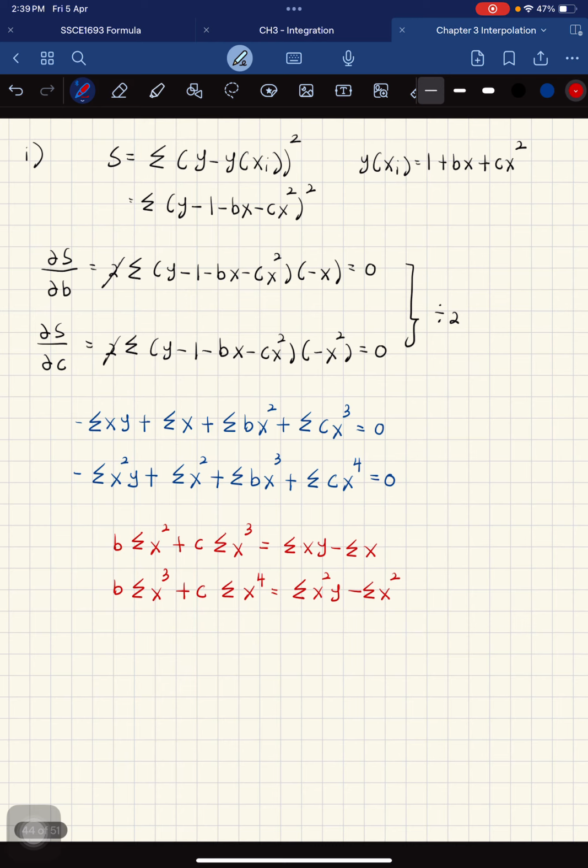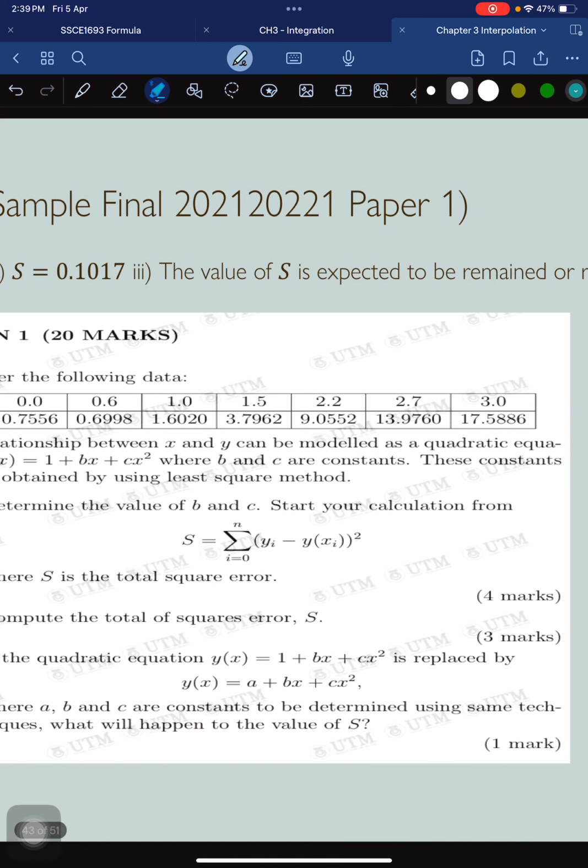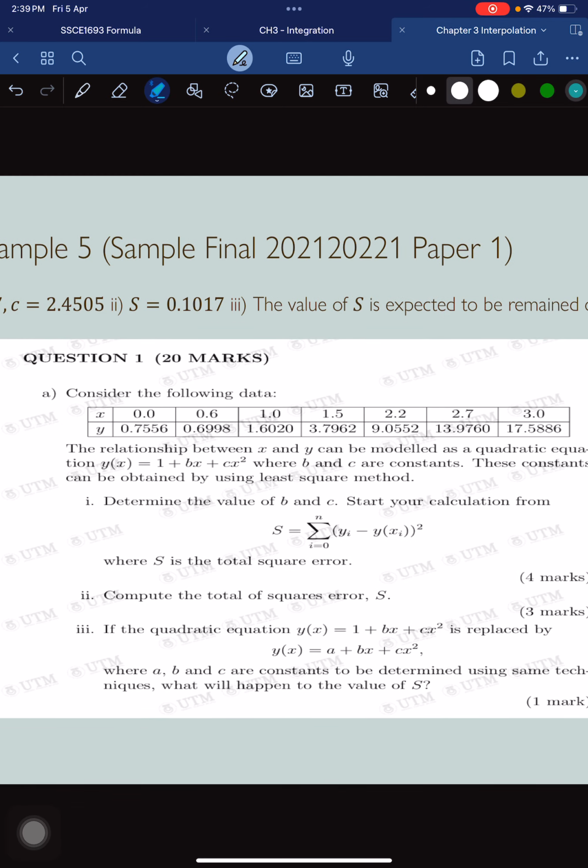Okay, and then we need to find the value of b and c. By using your calculator, substitute the value into your calculator.